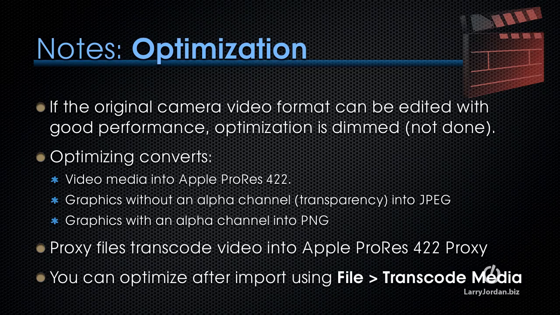Proxy files transcode video into Apple ProRes 422 Proxy, which is a similar format to Apple ProRes 422, but with a lower data rate, which means the file sizes are smaller. And you can optimize files after import using the menu File, Transcode Media. Video formats that would benefit from optimization include H.264, AVC HD, and HDV.